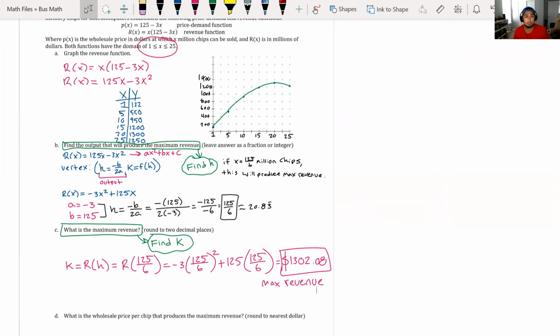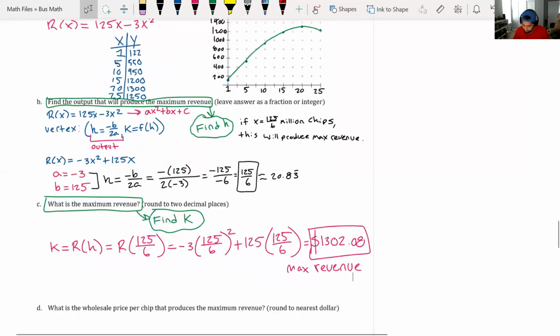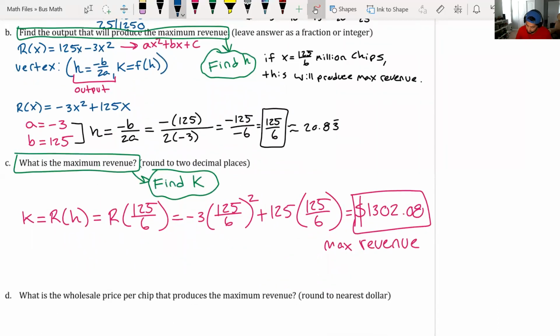Oh, well, our money is in millions. So because we got 1302, they have to say that that's in millions. So you could take 1302.08 and multiply it by 1,000,000, because if we sold computer chips, I'm pretty sure $1,000 would not support our business.